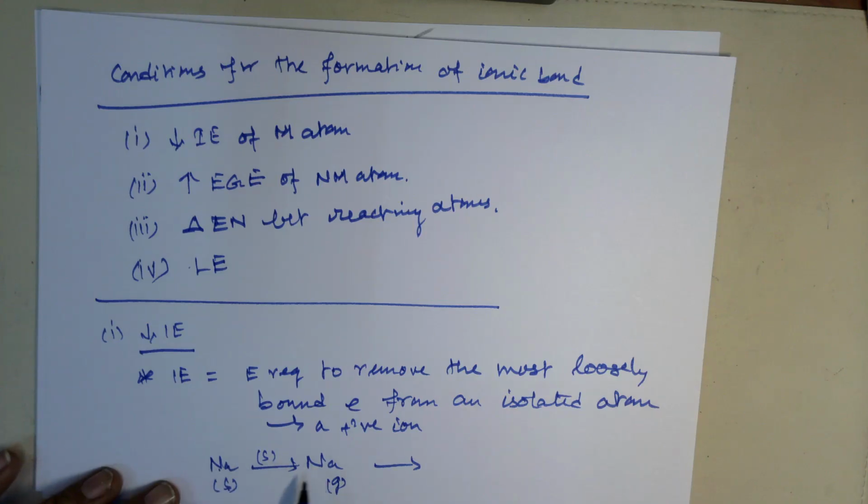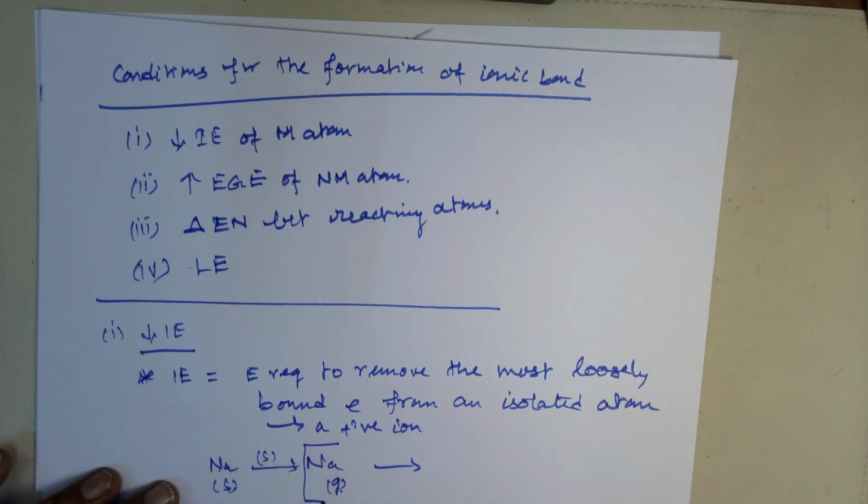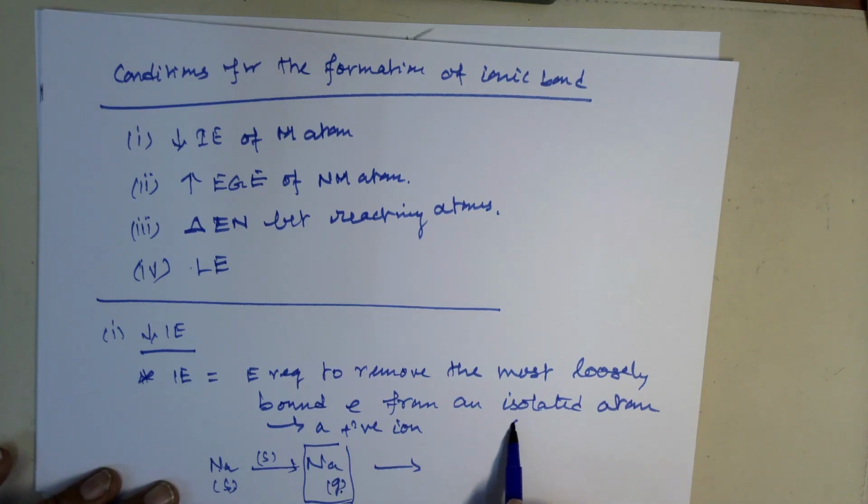So from sodium solid to sodium gas. Now, this is the isolated atom. Do you understand the meaning of isolated atom? From this isolated atom, how much energy is required to remove the electron so that this sodium metal becomes a sodium plus ion?